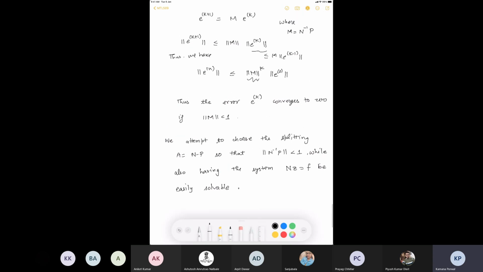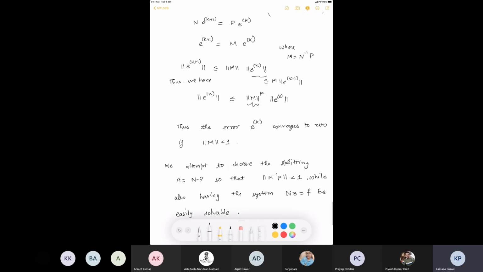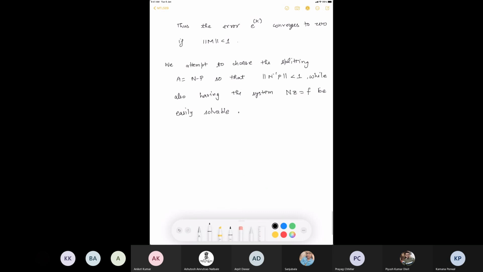Another thing you can notice here is that the convergence does not depend on the initial guess. You choose whatever initial guess; if the norm of M is strictly less than 1, then the iterative sequence which you construct using this method is going to go to the exact solution. That is, the error is going to go to 0. So the convergence does not depend on the initial choice.